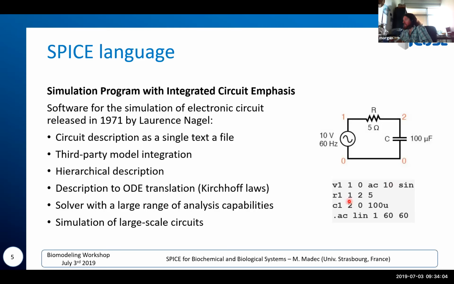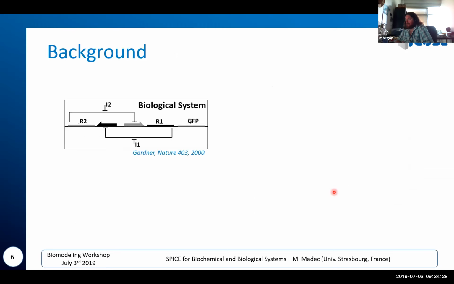I have a resistor connected between node 1 and node 2, and I have a capacitor connected between node 2 and node 0. The first word of each line is a label, and the first letter of the label corresponds to the type of device. So that's the basics of SPICE.